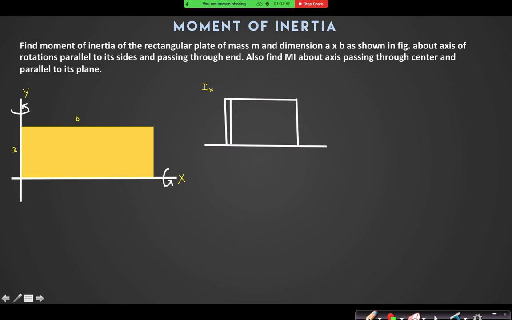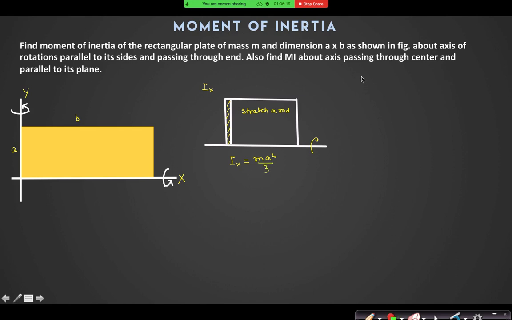Yes. So whatever is the moment of inertia of this rod about this axis, the expression should remain the same. Stretch a rod. So this moment of inertia will be m a square by 3.